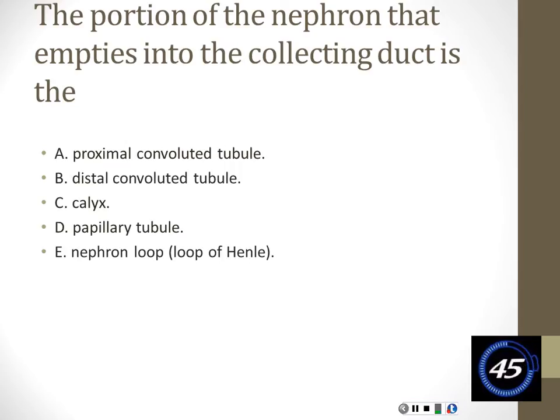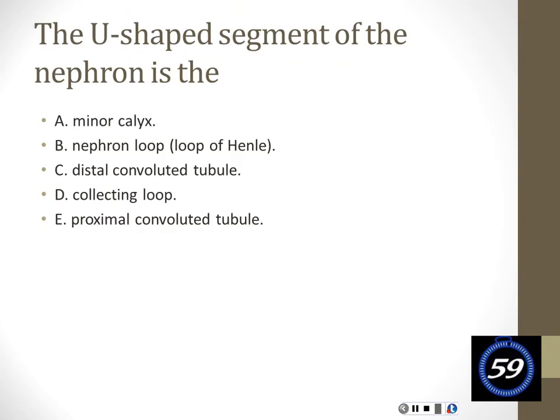In between those two things is the nephron loop, right? Which goes down and then back up. So the U-shaped segment of the nephron is the nephron loop. Good. Okay, so just like the capsule is called Bowman's capsule, the loop is called the loop of Henle, right?